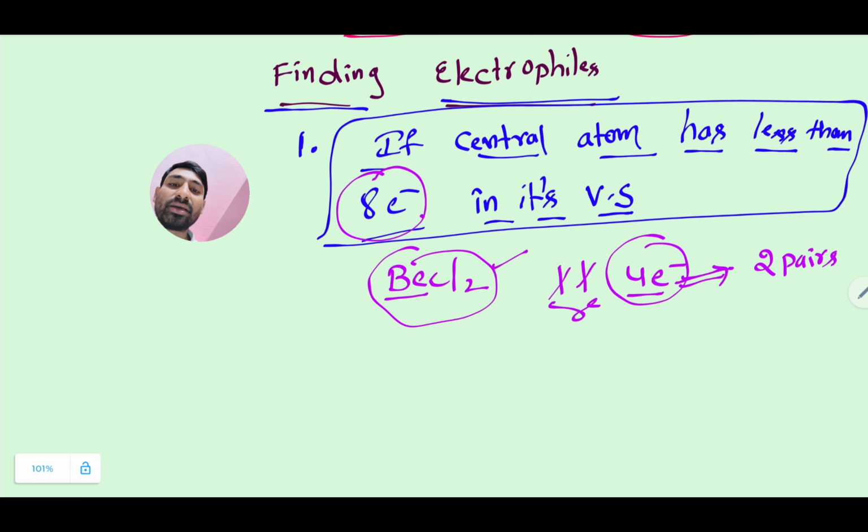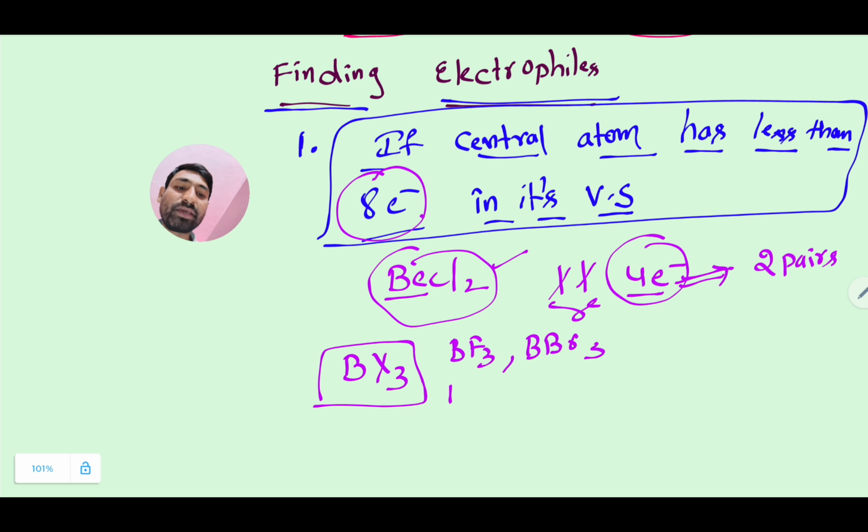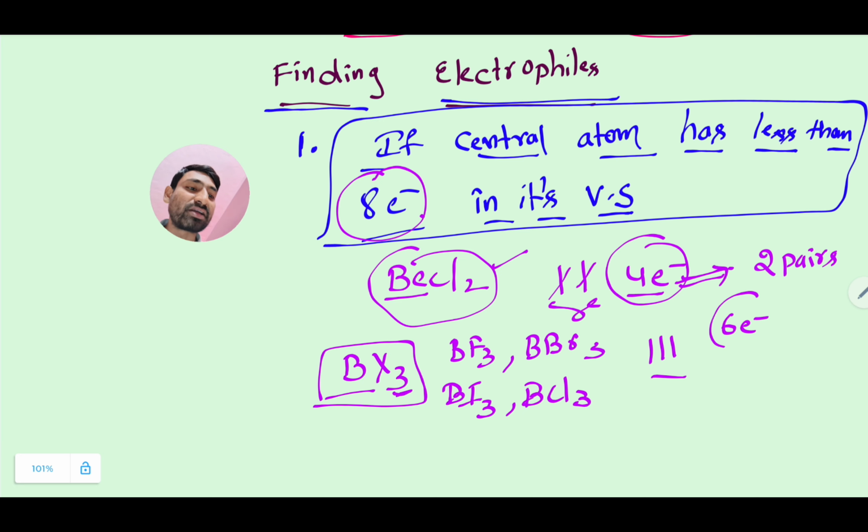Similarly, take BX3, maybe BF3, BBr3, BI3 or BCl3. Boron is a third group element containing 3 valence electrons. These 3 valence electrons are shared with 3 halogens, so the valence shell has 6 electrons, meaning 3 pairs, and it is ready to accept another pair of electrons to complete the octet.